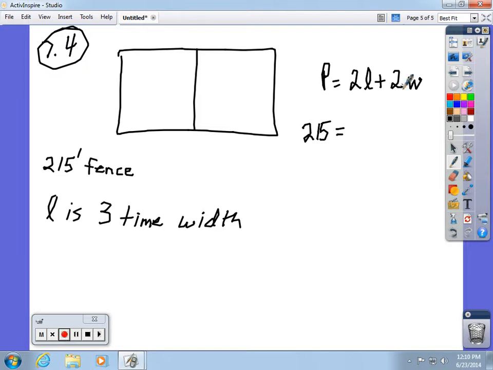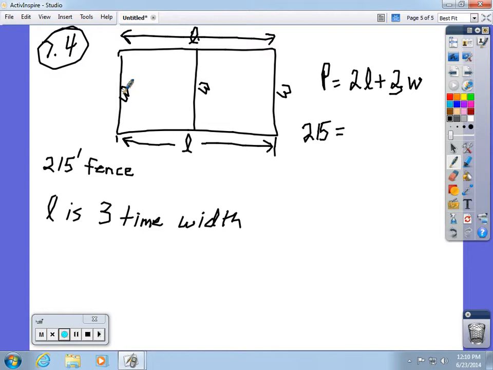Why? Because you have 3 W's right here. There's the W's, and there's the 2 lengths. Here's your length. And here's your length. There's your 2 lengths right there. And then you got a W here, a W here, and a W. And that's the 3 W. All right, so 2L plus 3W.